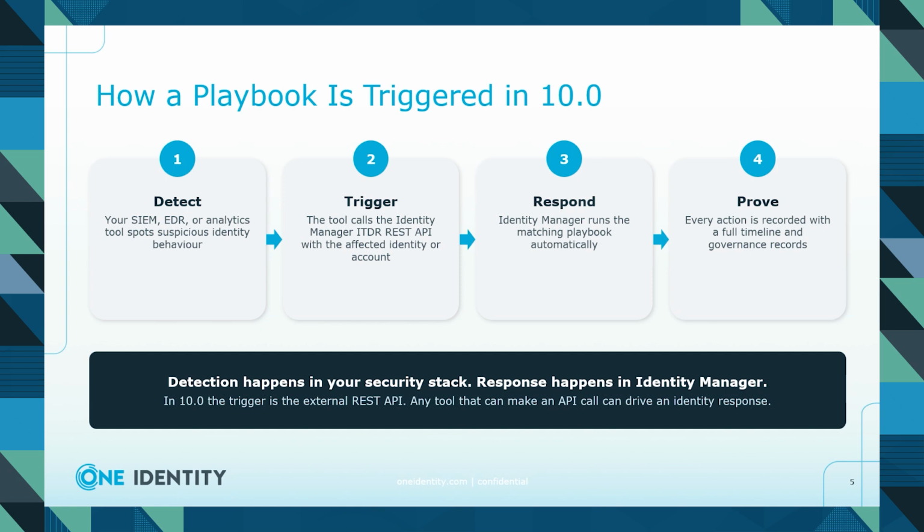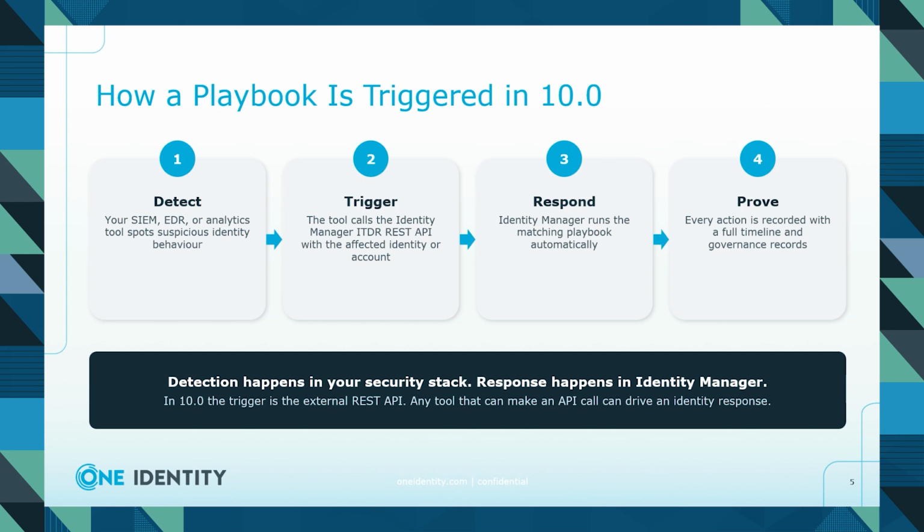Step two, trigger. That tool calls Identity Manager's ITDR API endpoint, and identifies the affected identity or account. Step three, respond. Identity Manager matches the incident to a playbook and runs it automatically. Step four, prove. Every action is recorded with a full execution timeline and governance records.